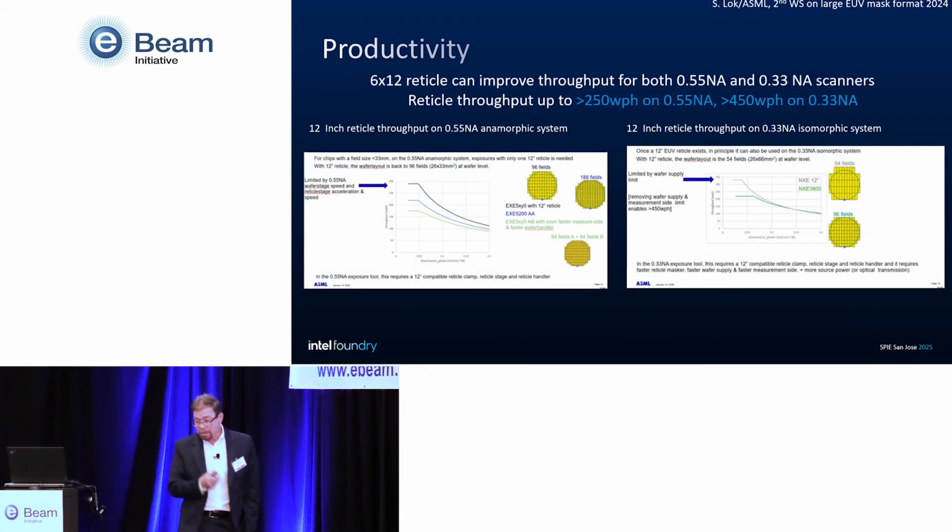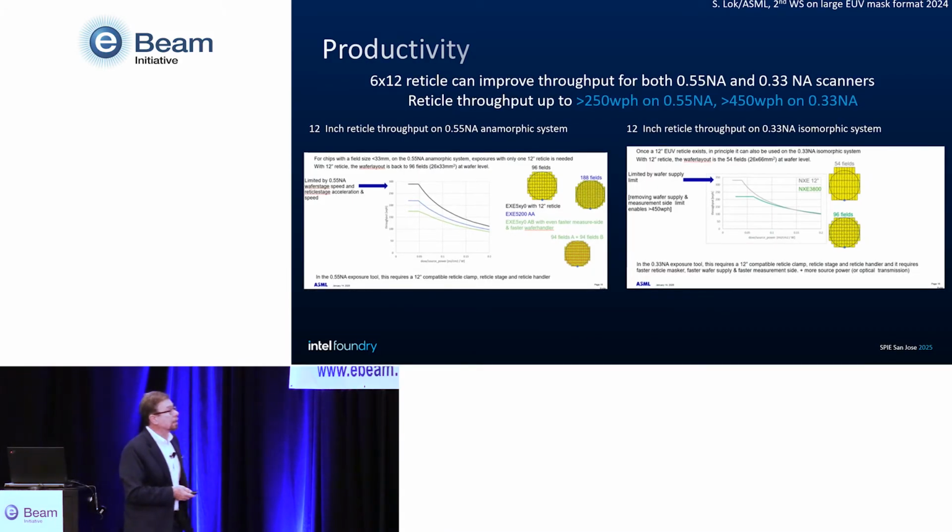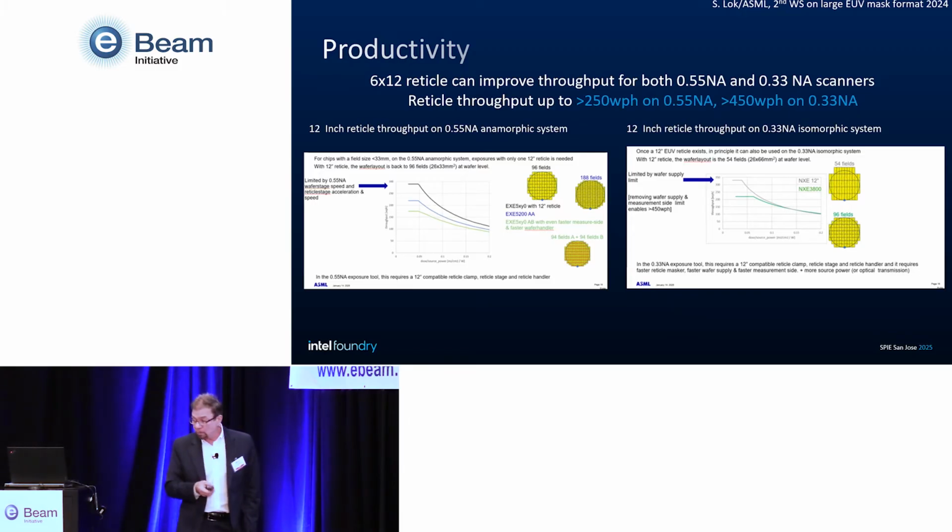Also, at the last workshop in Monterey, we invited Sherlock, one of the senior system engineers at ASML, and he provided more, I would say, mathematical data. His argument was, I don't know if you can see all the details, I'll just give you the net.